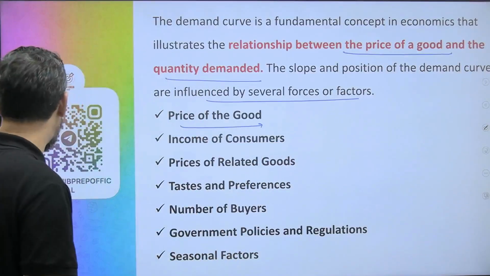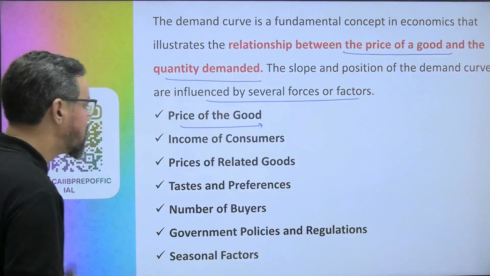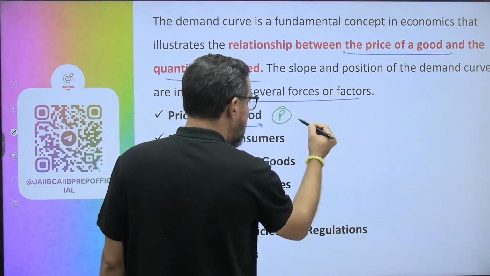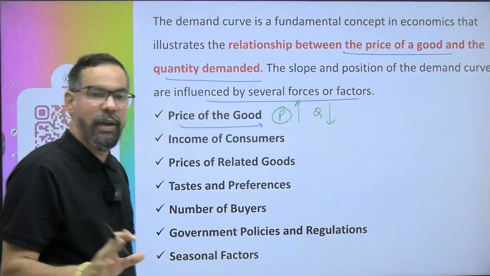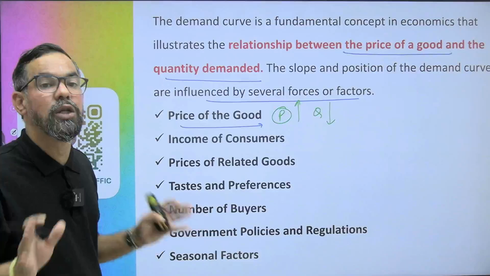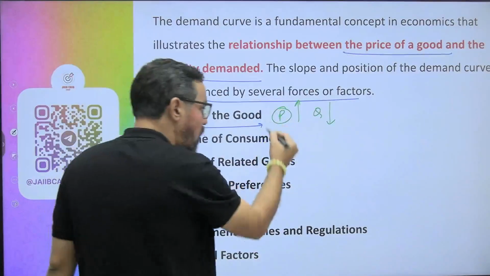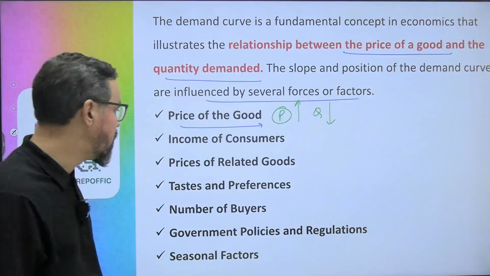If prices are higher, the quantity demanded will be lower. That is the law of demand. And vice versa, when prices come down, the quantity demanded will increase. So first thing, very simple one.